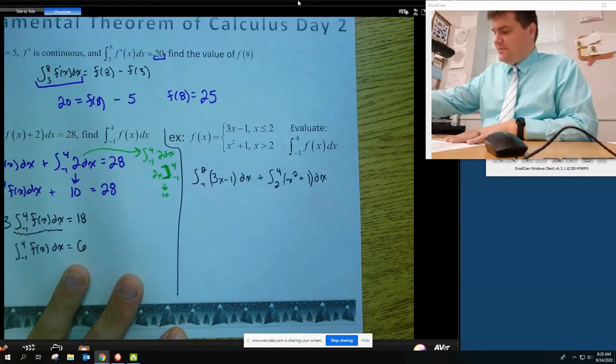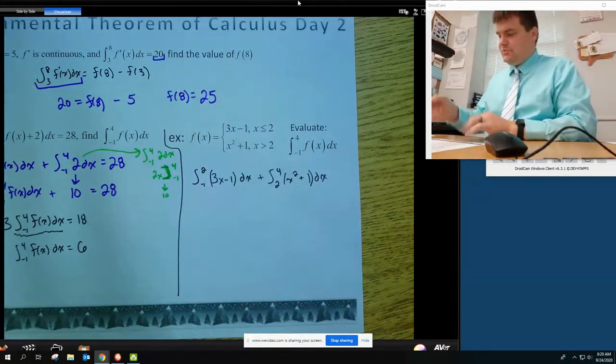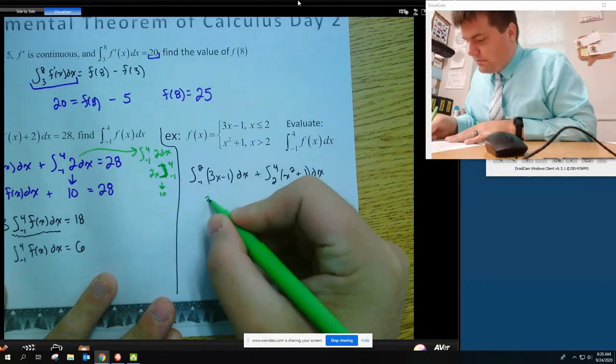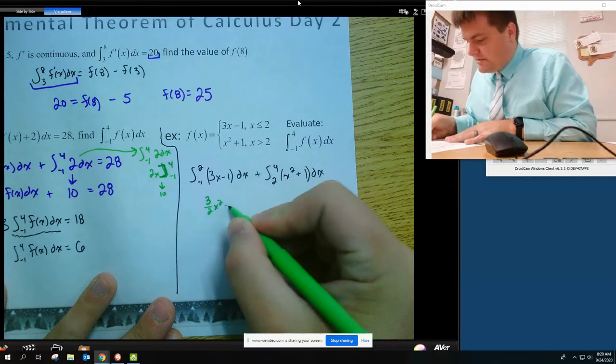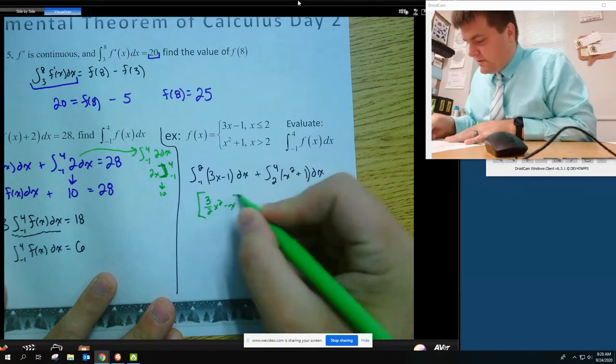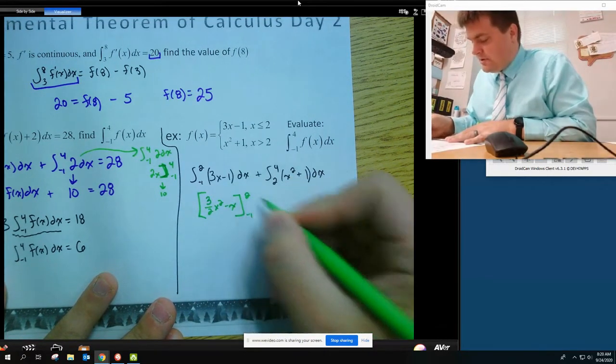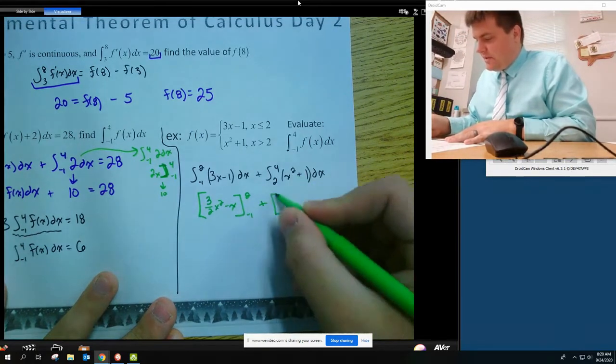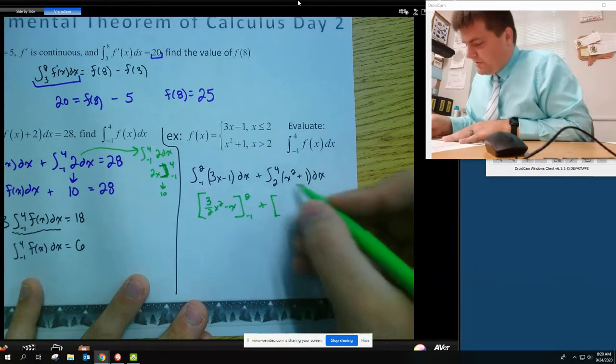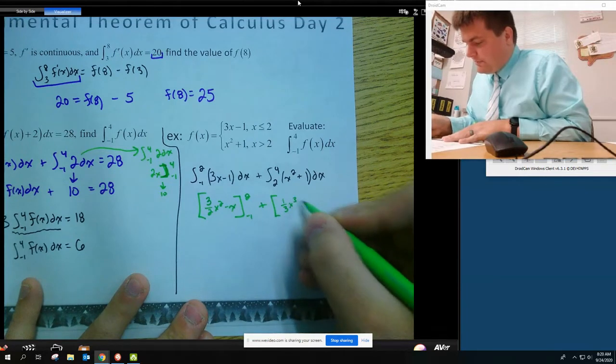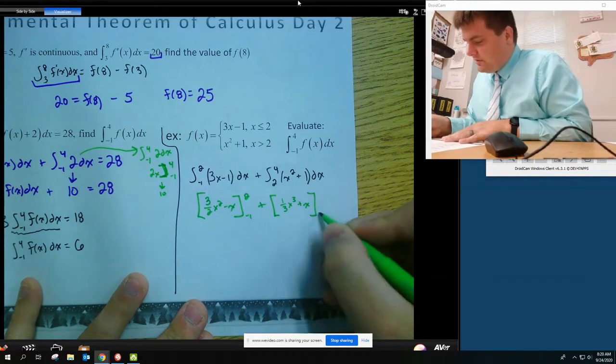So here we go. I have 2 problems here. I'm going to get 3/2 x squared minus x, and I'm going to evaluate that from -1 to 2. Plus, when I find the antiderivative of x squared plus 1, I'm going to get 1/3 x cubed plus x, from 2 to 4.